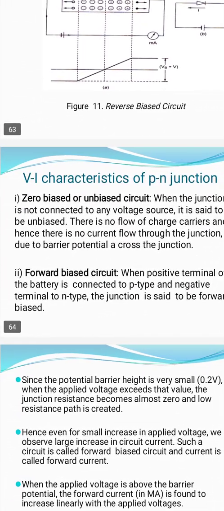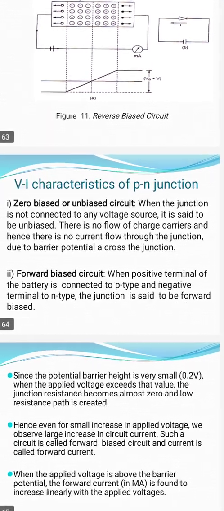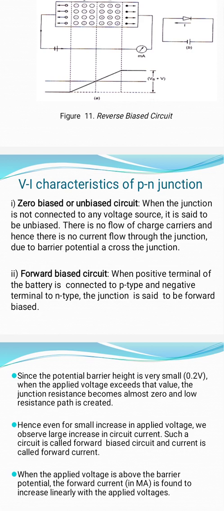Now the VI characteristics. Here we have seen zero bias, unbiased: when the junction is not connected to any voltage source, it is said to be unbiased, and there is no flow of current. In forward bias, we have already seen that the barrier height is small, 0.2 volts.